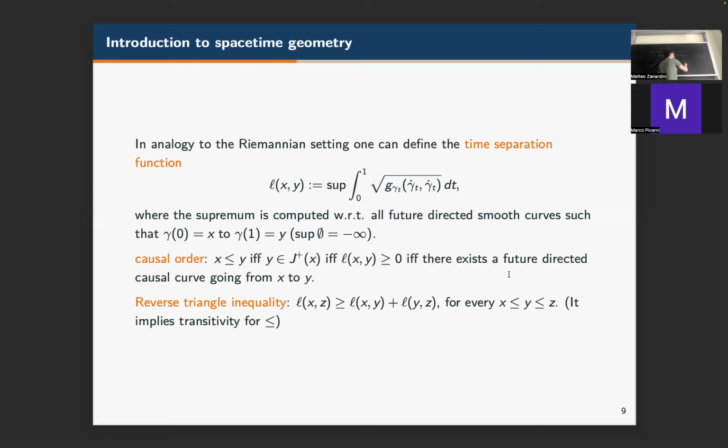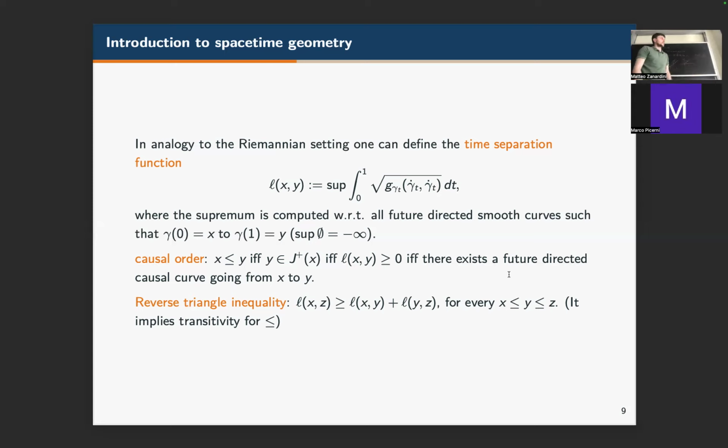You can have this picture in mind: here we have x, here y, and here z. You can produce an example where y is on the boundary of the cone of x and z is on the boundary of the cone of y, but z is in the interior of the cone of x. So this time separation should be strictly positive, while this should be 0.